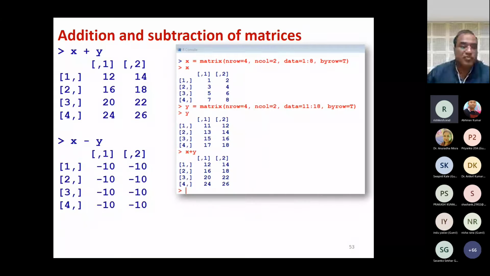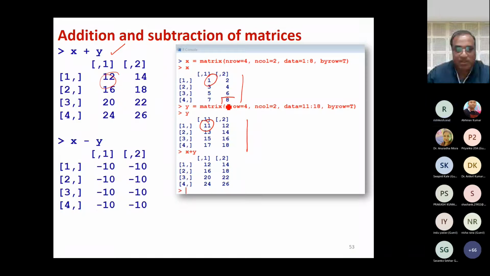Similarly, if you see x plus y, x is like this, y is like this, 1 plus 11 is 12. Then if you take the last one, 8 plus 18, that is 26. Right, and if you try to subtract, the same thing will happen. 1 minus 11 is minus 10.